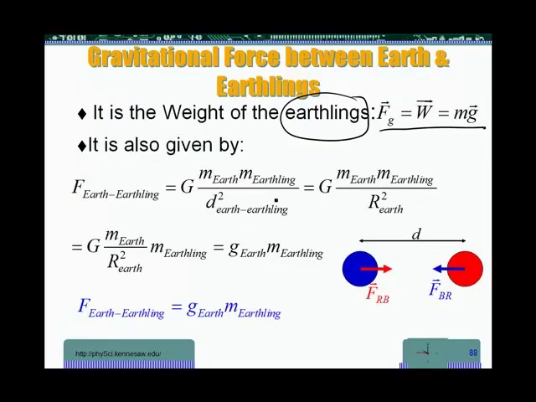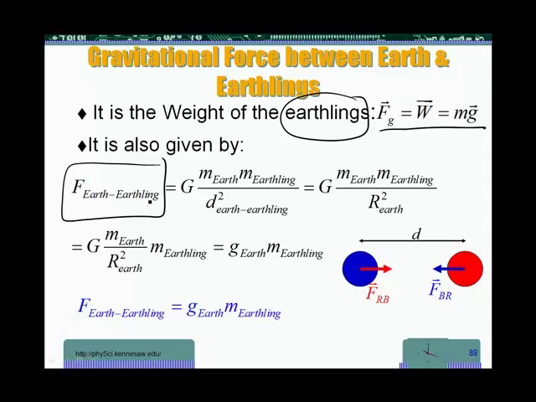Now, what if we apply that expression to the Earth and the people on Earth? Can we find the gravitational force that the Earth exerts on Earthlings by using that same expression?